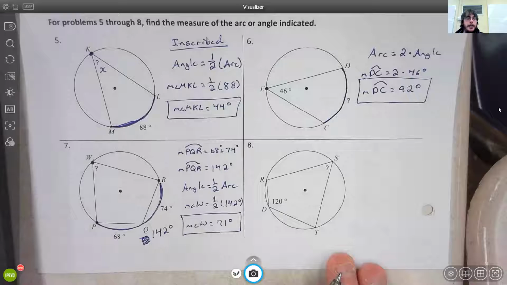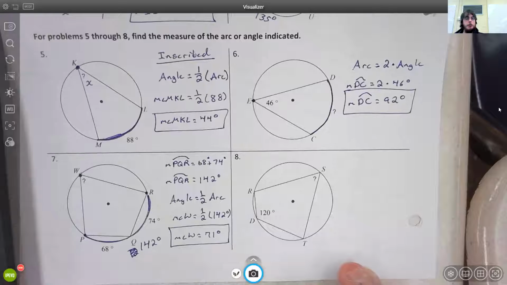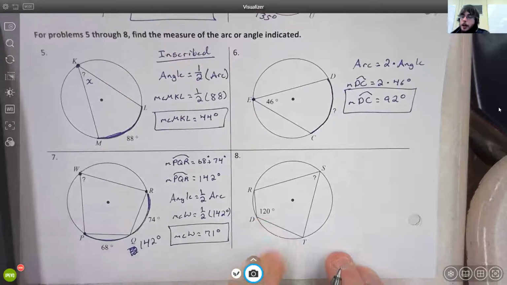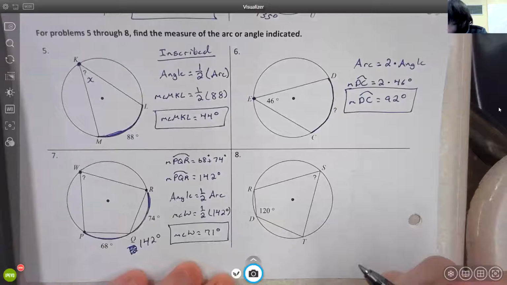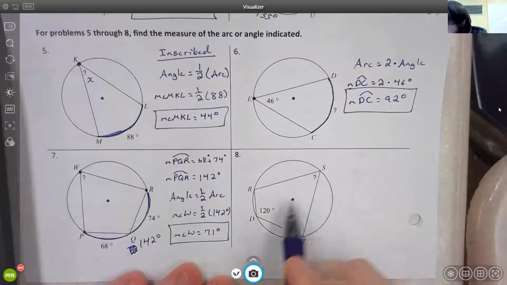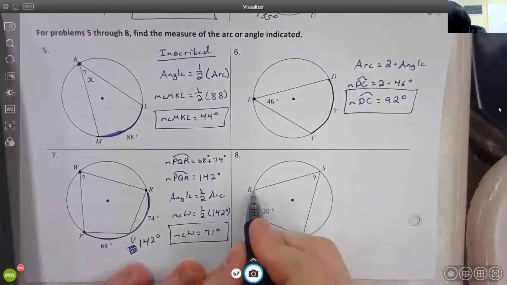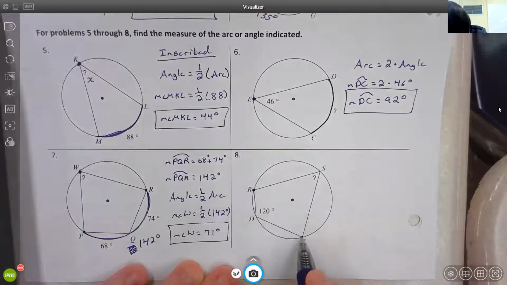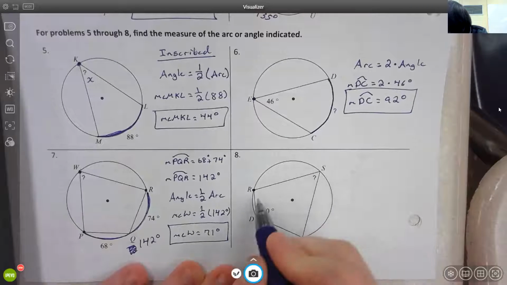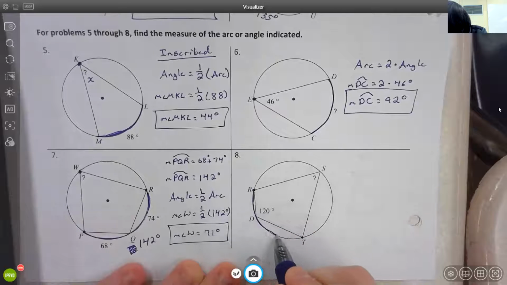And finally, number 8. Number 8, we want to find angle S, and this time all we're given is that angle D is 120. So if we're looking at this using our inscribed angles, because both of these are inscribed angles, for angle S, we want to use this arc because it's to R and T. So we want to use arc RDT.